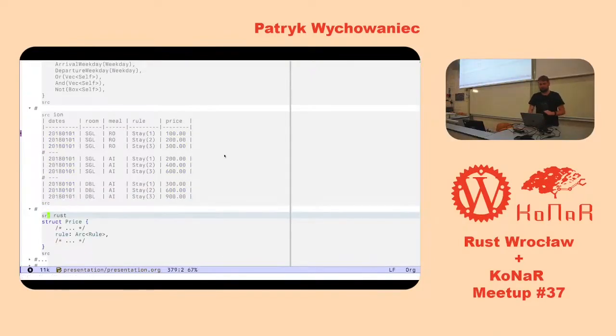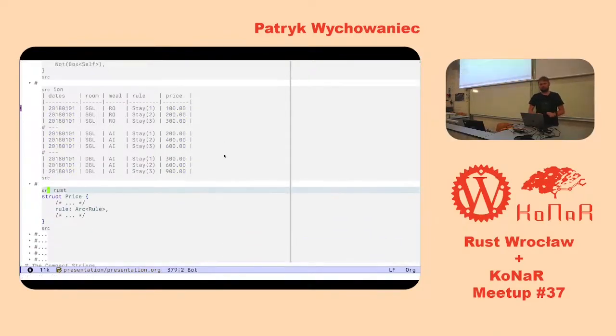And the first thing you might try to do is to use Arc, or just another reference counted type, which would allow you to pass the rule just once, and then clone it. And then this clone, because it's wrapped in a reference counter smart pointer, doesn't actually cause the whole rule to get cloned. It clones just some object that tracks how many instances of this rule are being tracked.